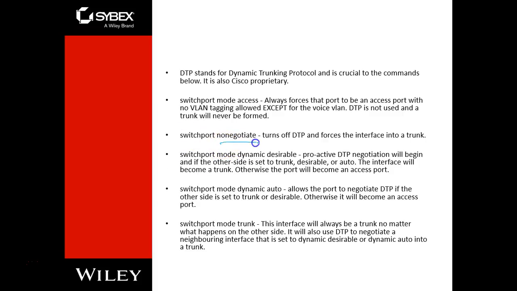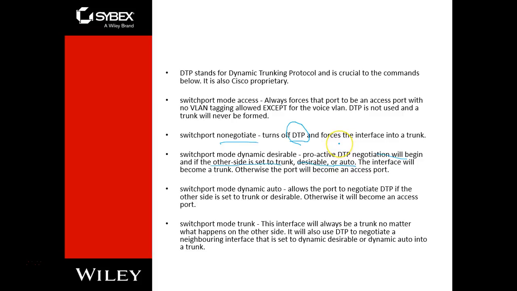So switch non-negotiate turns off DTP, and we haven't talked about it. DTP is the dynamic trunking protocol. That's the one that if you set it up as desirable, will automatically create a trunk for you. Dynamic desirable is proactive. Negotiation will begin if the other side is set to trunk, desirable, or auto.